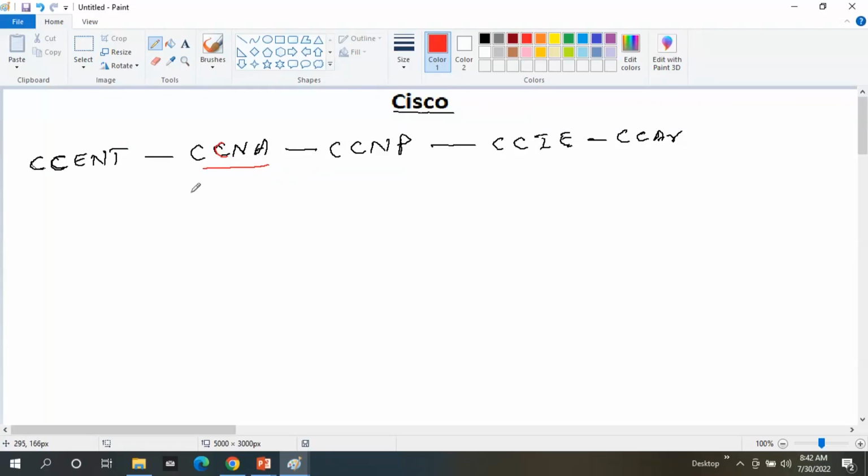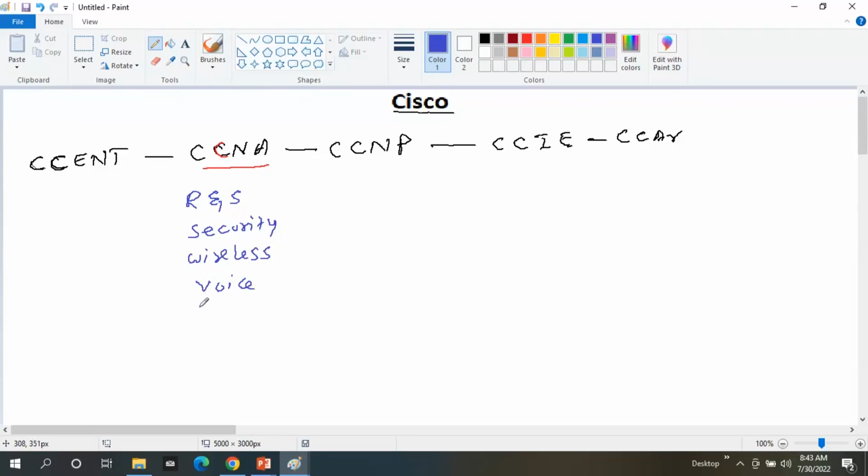Level training is okay, but what technologies do we have in CCNA? First is routing and switching technologies, which we call CCNA Routing and Switching, CCNA Security, CCNA Wireless, CCNA Voice, CCNA Service Provider, CCNA Data Center.